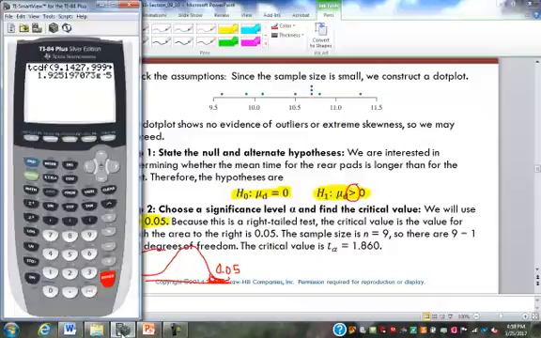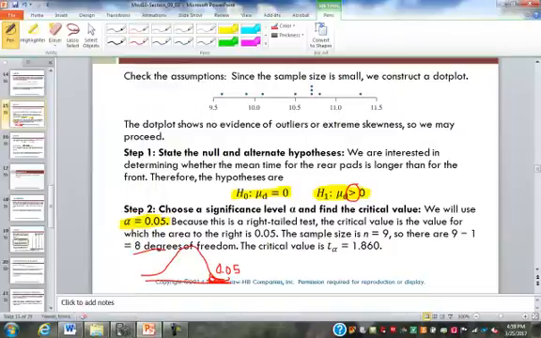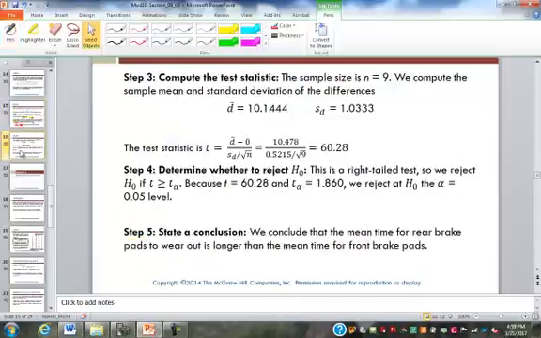So if I were using the calculator for this, distribution, I would have to use the inverse t. This is 0.95. Remember, t always gives to the left, so 0.05 to the right of it, 0.95 would be to the left. And 8 degrees of freedom. 1.859, 1.860 it looks like, which is what they gave us for their critical value.